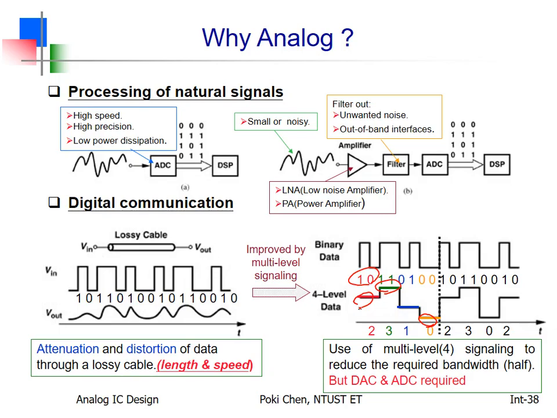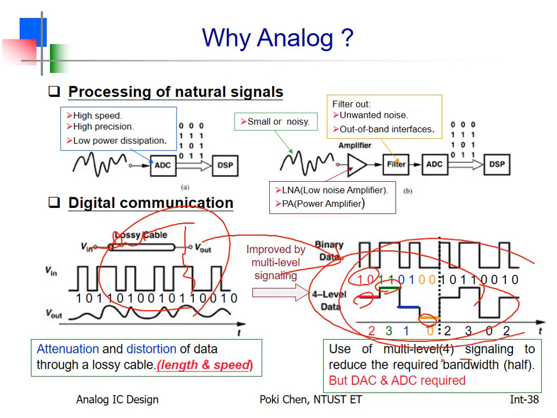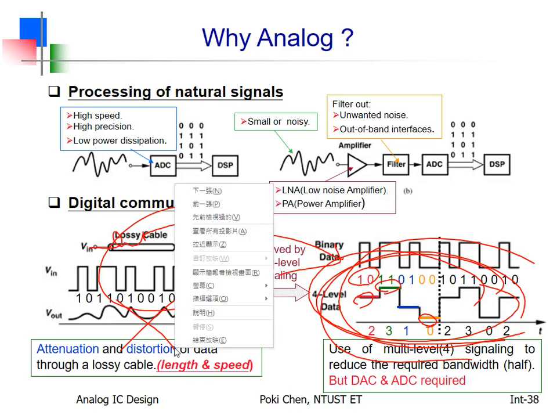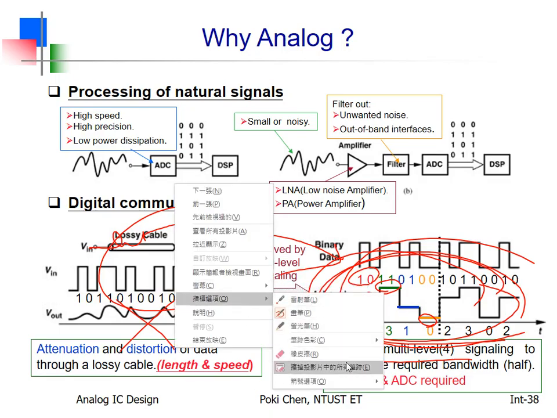So the parasitic R and C does less hurt to such kind of low frequency signal. Okay, got it? So after transmission, supposed to be you will get better result than this. And this is a very important idea.